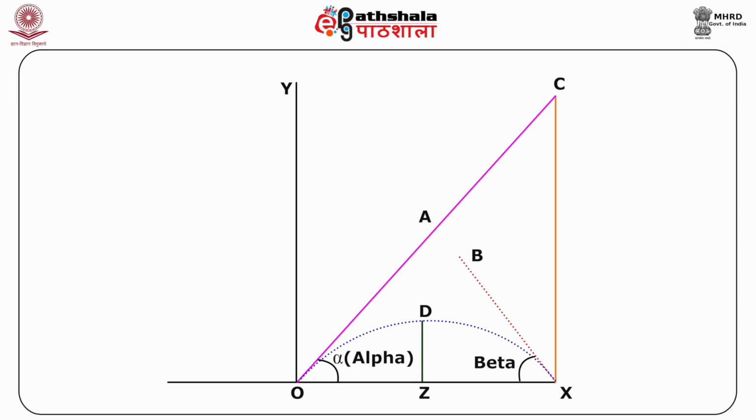Curve ODX represents the trajectory, that is path traced by the bullet. OAC is equal to direction of projection of bullet. CX represents the bullet drop. DZ represents the mid-range height. Angle OXP represents angle of impact.